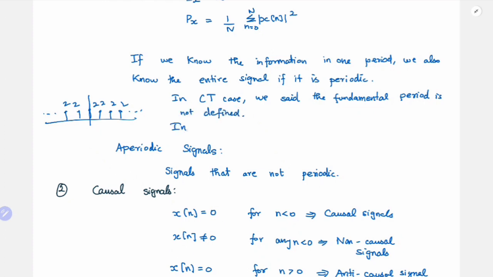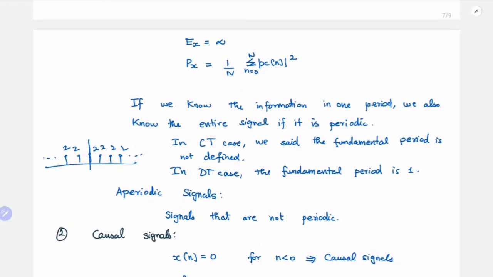But in discrete time case, the fundamental period is one. Okay? Because the same signal is repeating after every one interval, correct? So the fundamental period here is 1.